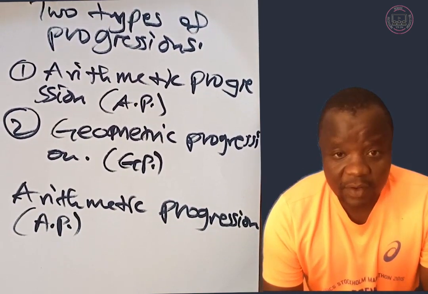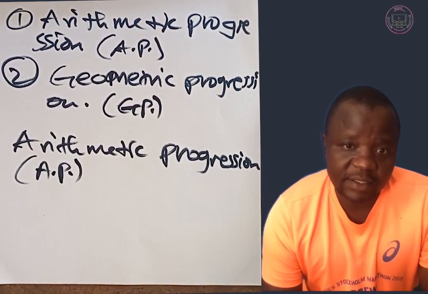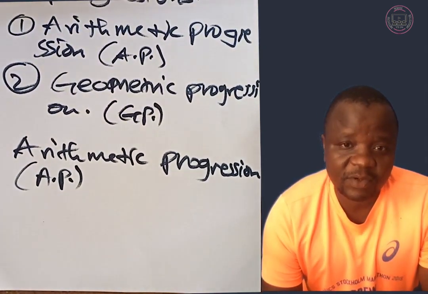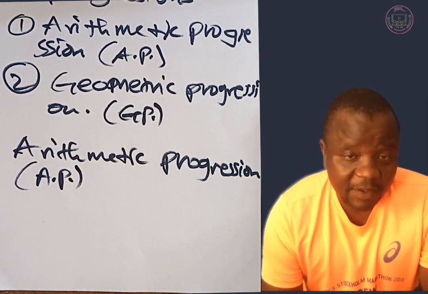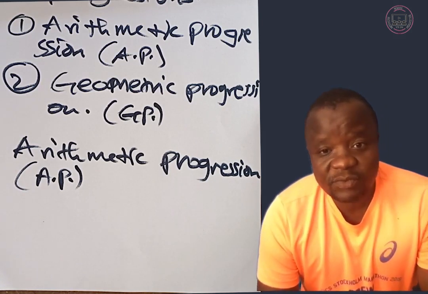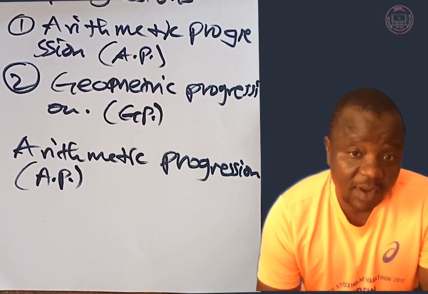Now, how do we understand this? Numbers can progress arithmetically or they can progress geometrically. And an arithmetic progression can be a sequence, or the numbers can be in the form of a series. So you need to understand all this.